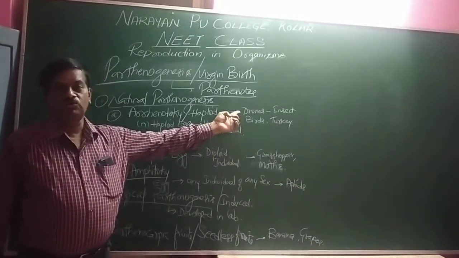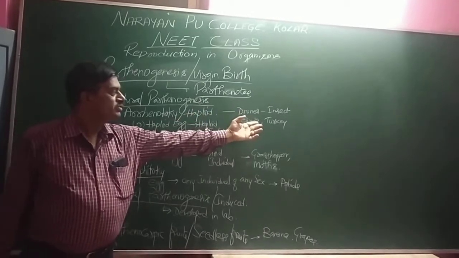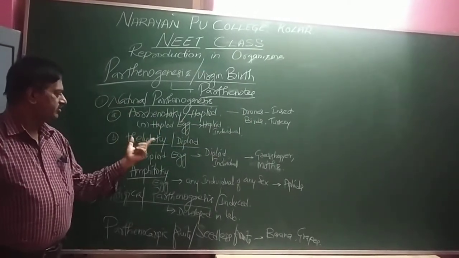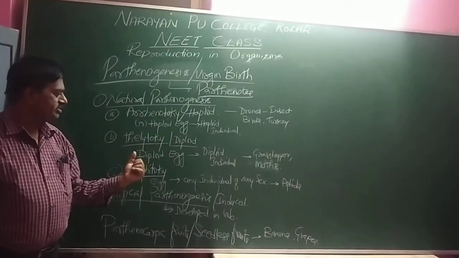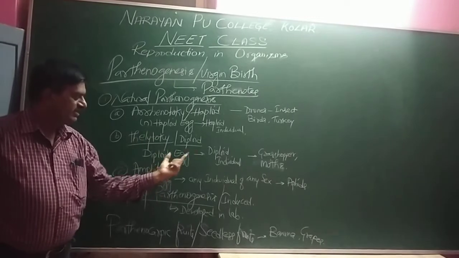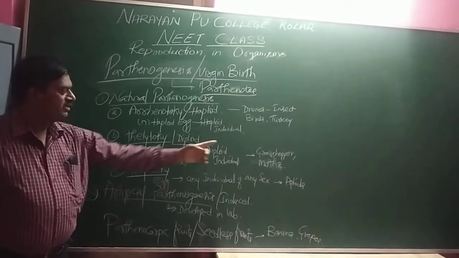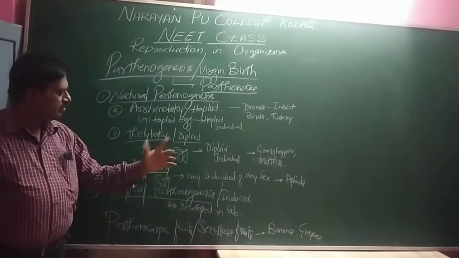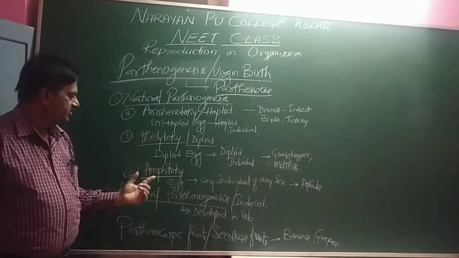This can be noticed in the drones of honeybees, and in some birds and turkeys. The second is thelytoky, or diploid parthenogenesis. Here, the diploid egg develops into diploid individuals without the male gamete, for example in grasshoppers and moths.